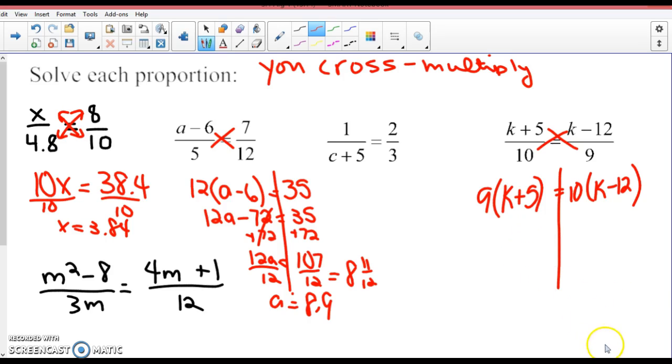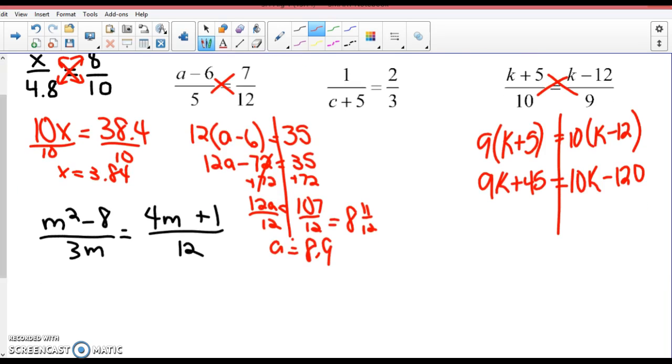I need to simplify both sides, which in this case entails distributing. Are you writing this down? This is 9k plus 45 equals 10k minus 120. Now, in this problem, I've got variables on both sides. What is my next step? What should I do, Casey?